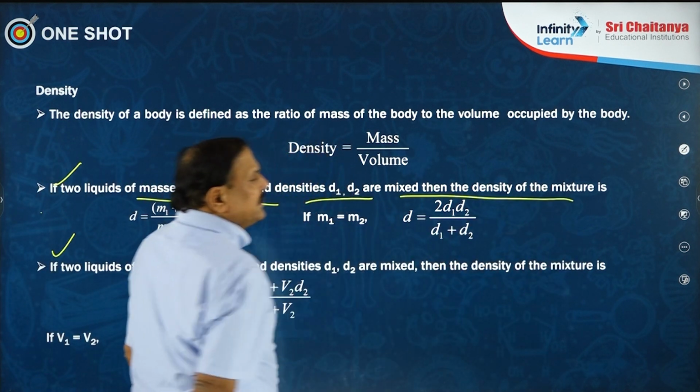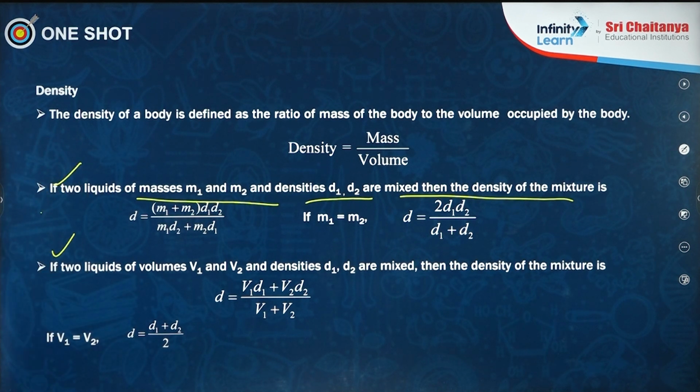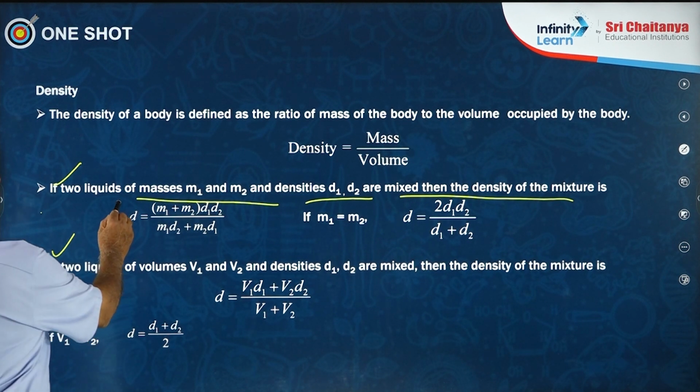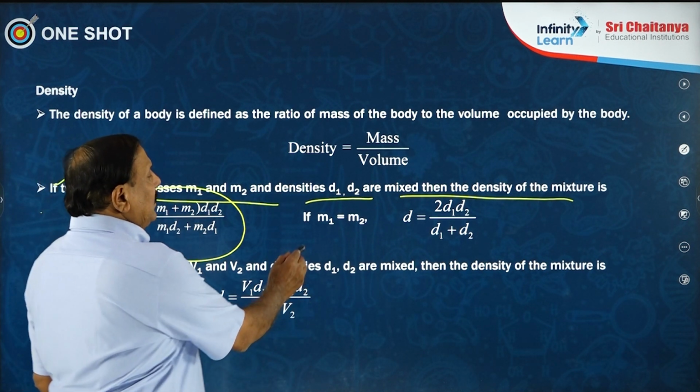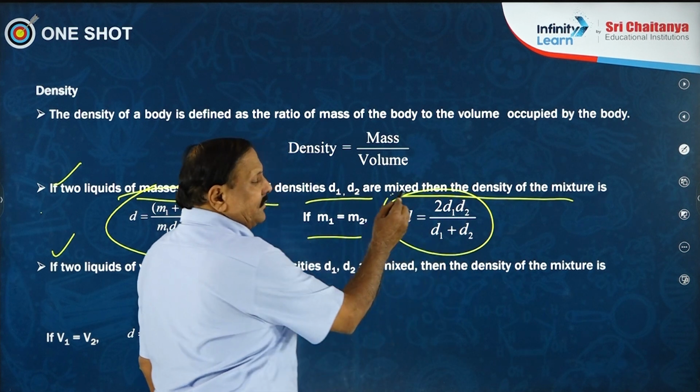What is the density of the mixture? Here the data is given in terms of mass, so the density of the mixture is equal to (m1 plus m2) into d1 d2 divided by (m1 d2 plus m2 d1). In the same way, if the masses are equal, this is the formula for the density of the mixture.